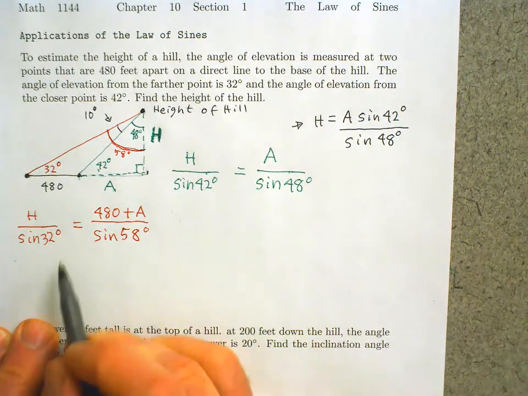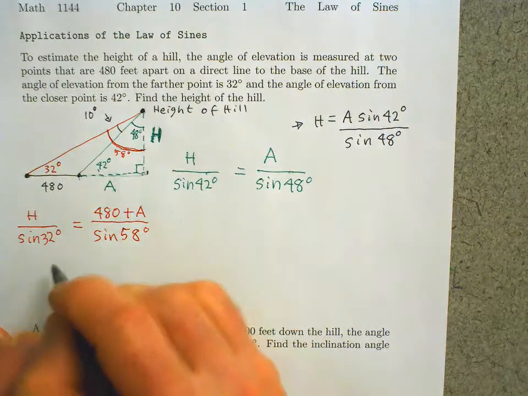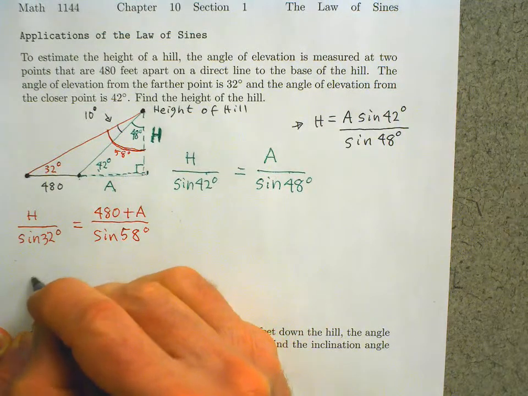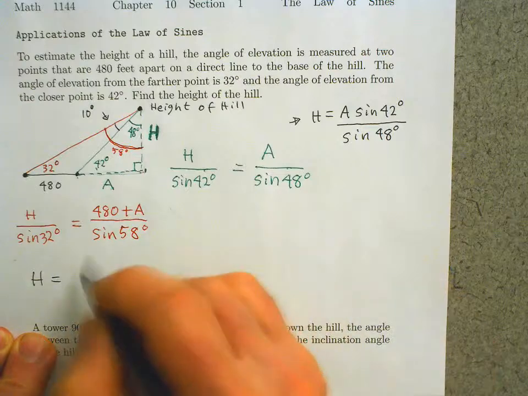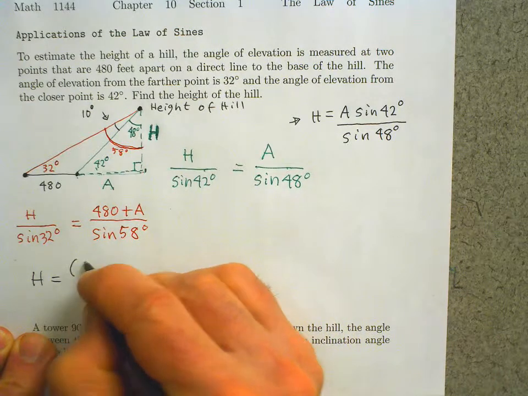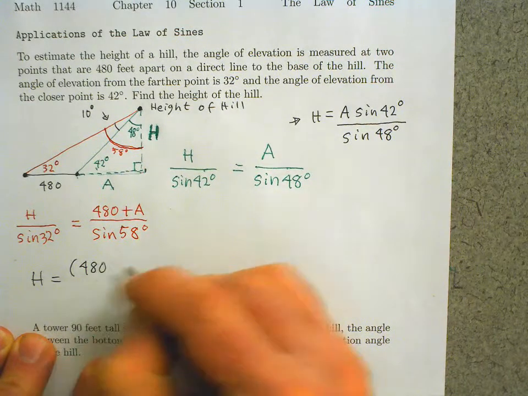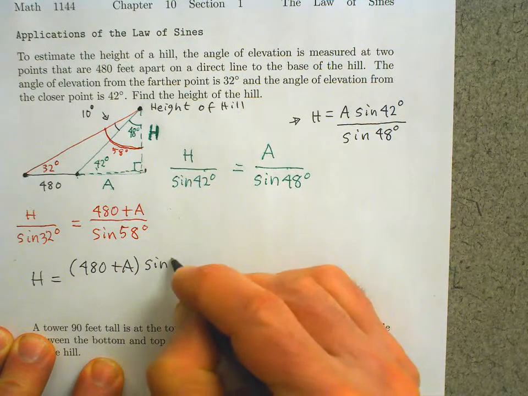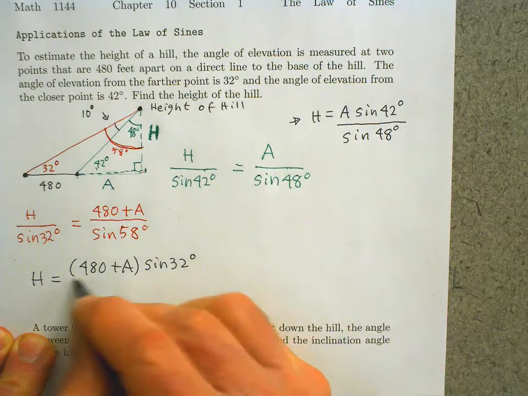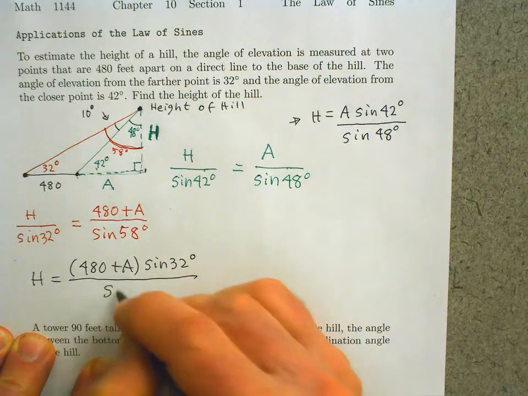And if we solve this one for H, we get H is equal to the entire quantity, 480 plus A times sine of 32 degrees divided by sine of 58 degrees.